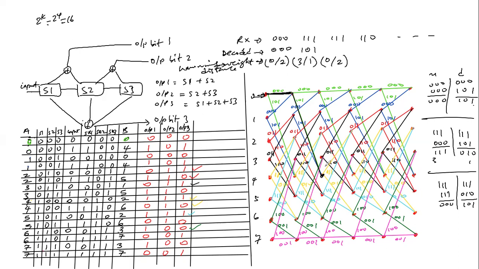So we know the shortest path is upward, right? So we are coming this way to this point. So what was received is correct.